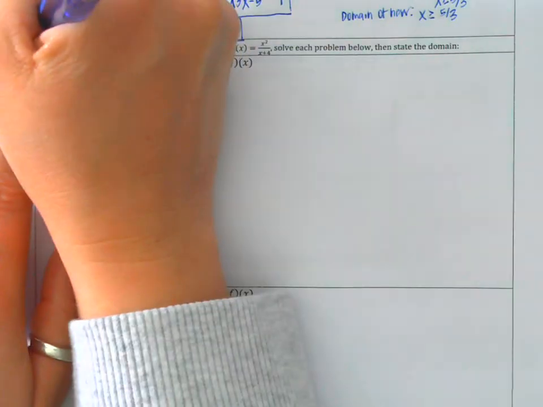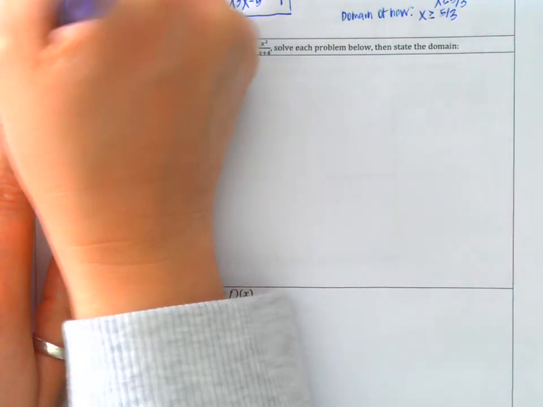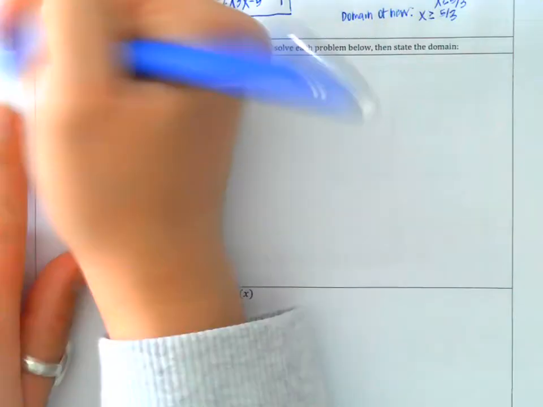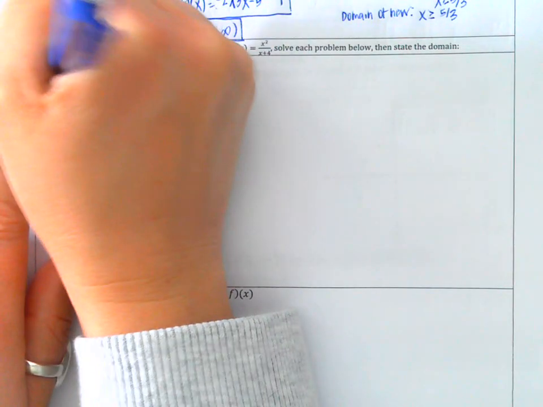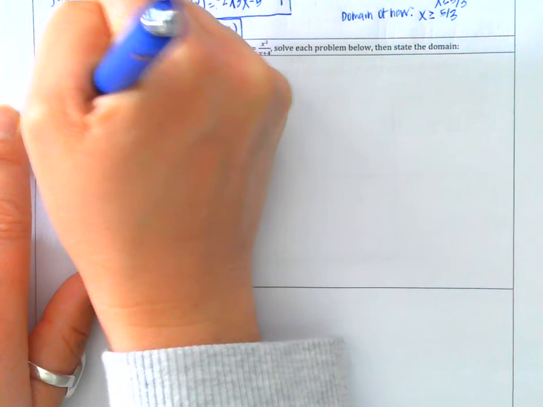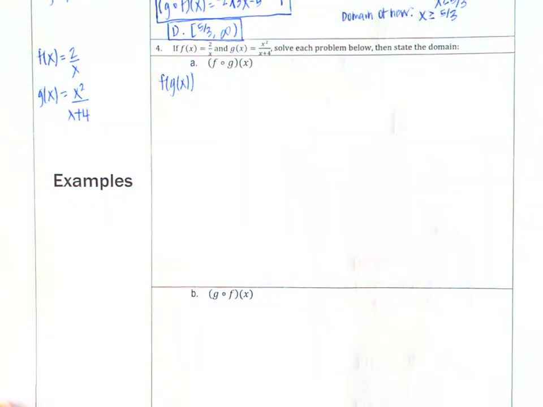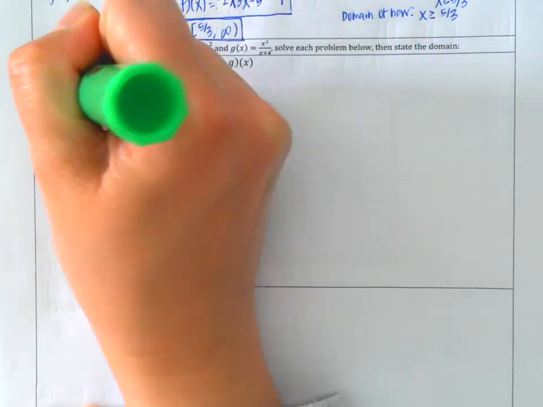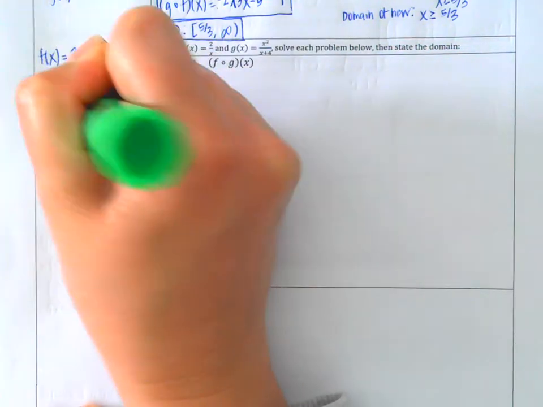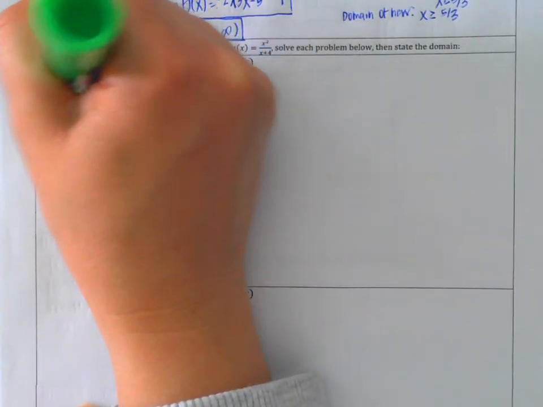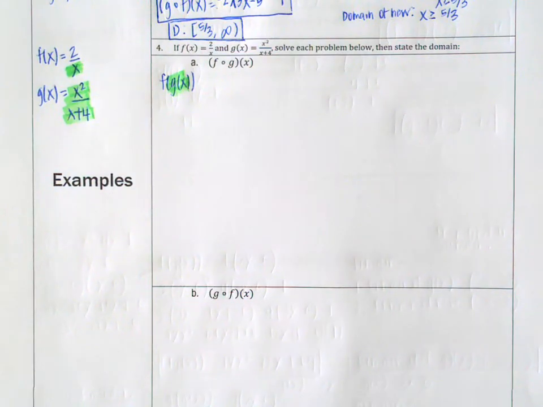So I'm just going to write them to the side. F of x is equal to 2 over x, and g of x is equal to x squared over x plus 4. Okay, so we're taking g of x, the entire x squared over x plus 4, and plugging it into f wherever there's an x.